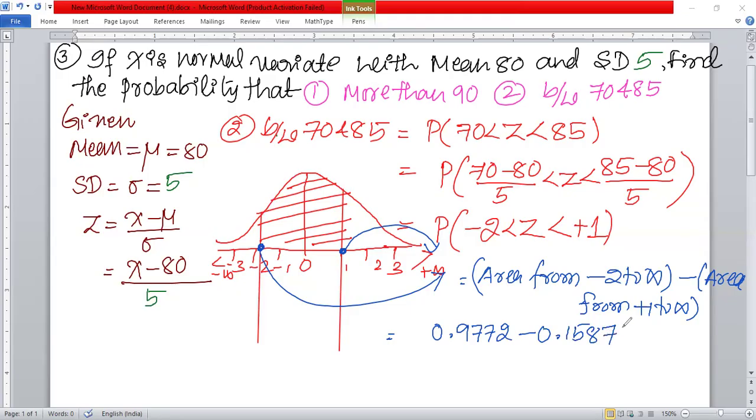Subtract the values: 0.9772 minus 0.1587, so 0.8185 is the answer. So this is the second problem. We got 0.8185.